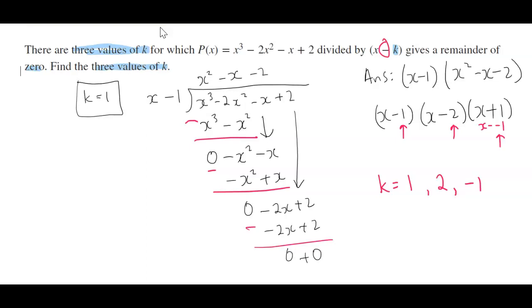So that means each time I put in 1, 2, or negative 1 in here, I'm going to get a remainder of 0. It's going to allow me to factorize it. Okay, so that's how you do it by hand. There is an easier way to do it on your calculator. So I'm going to show you that.